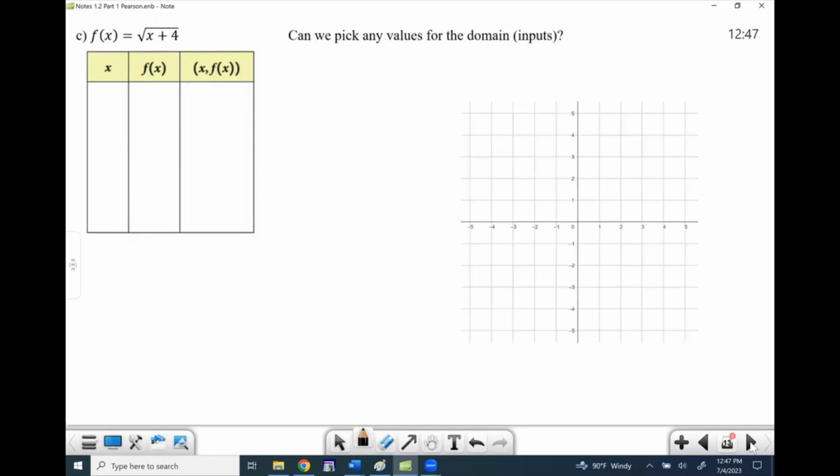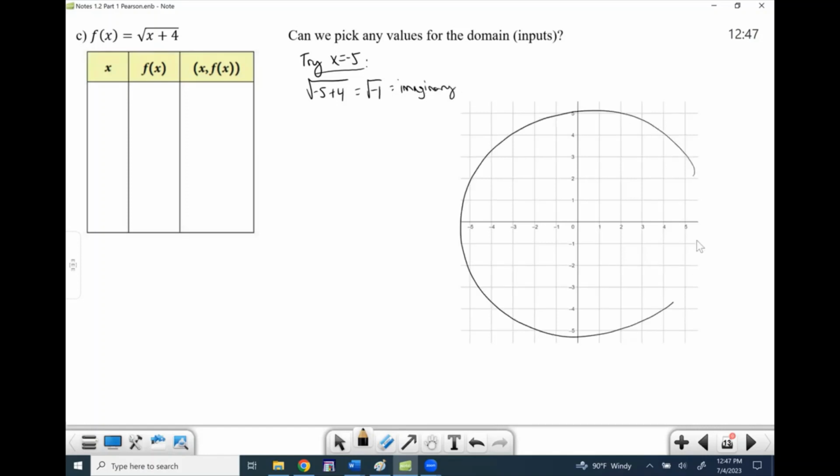All right. Now, on this one, I actually asked you guys to pick the X values. I said, can we pick any values for the inputs? Okay, so let's investigate that. If we were to pick, let's say, negative 5, we substitute in negative 5. We end up with a negative under the radical, which means we know that it's imaginary.